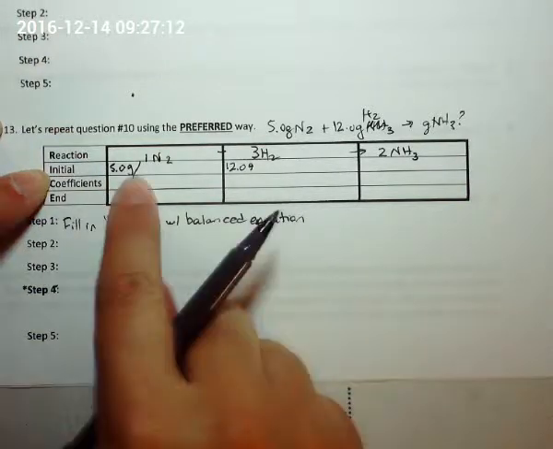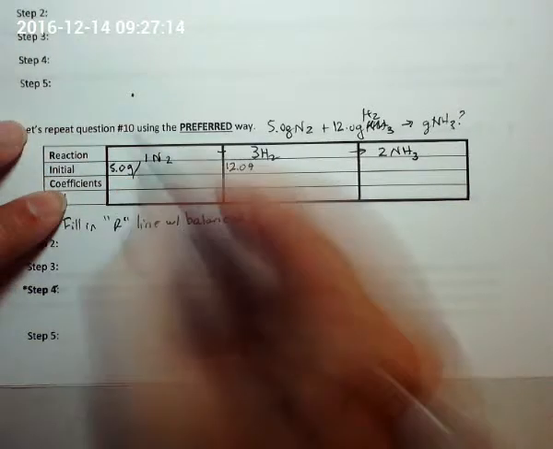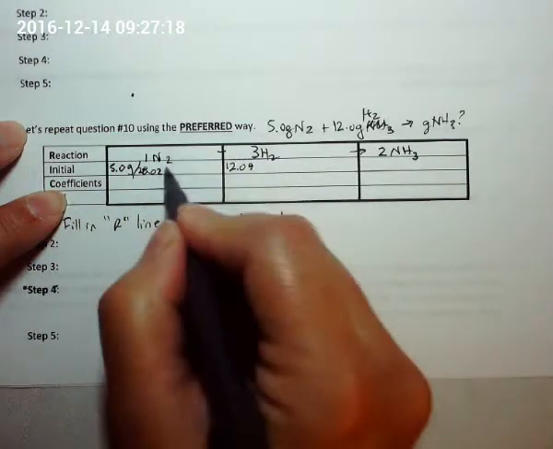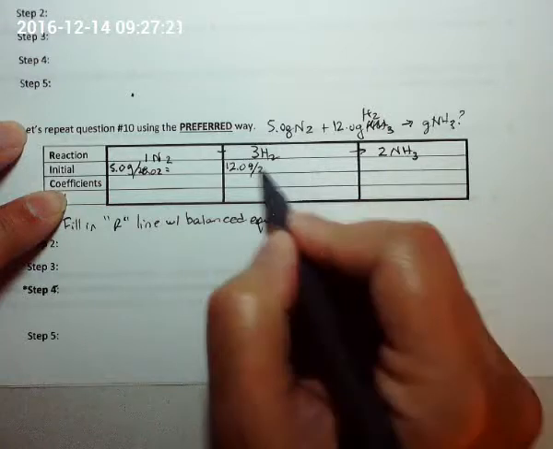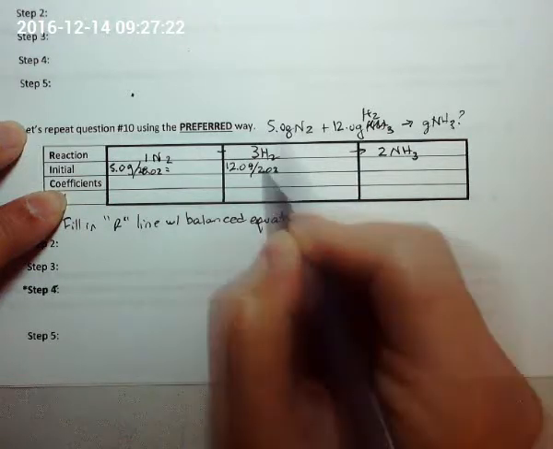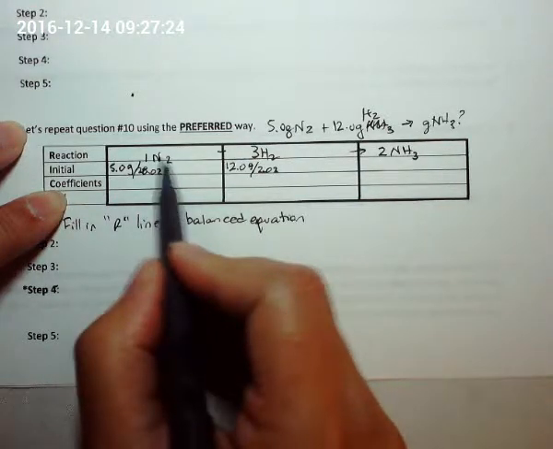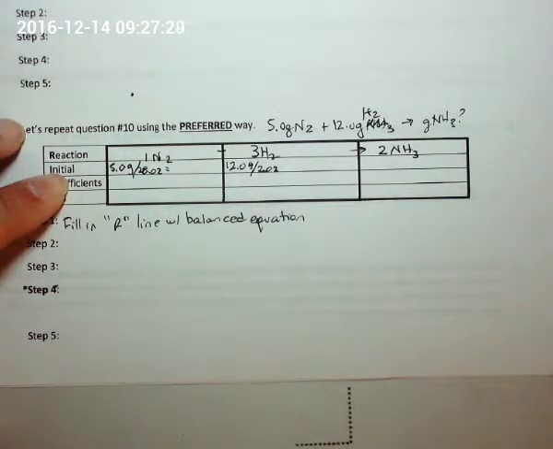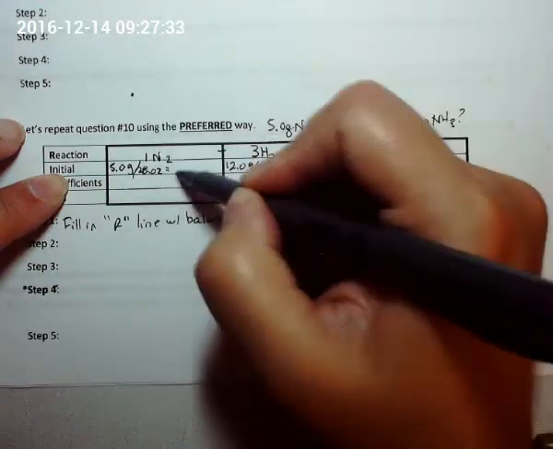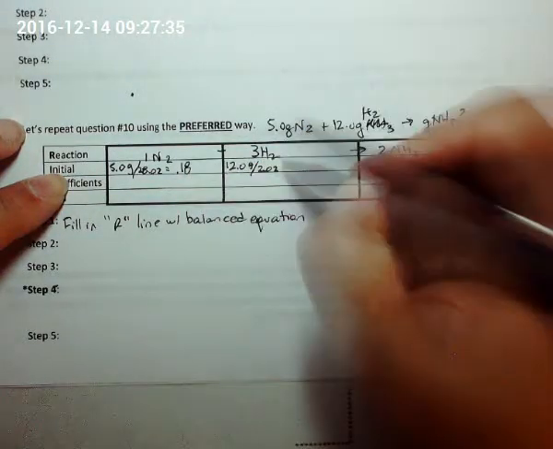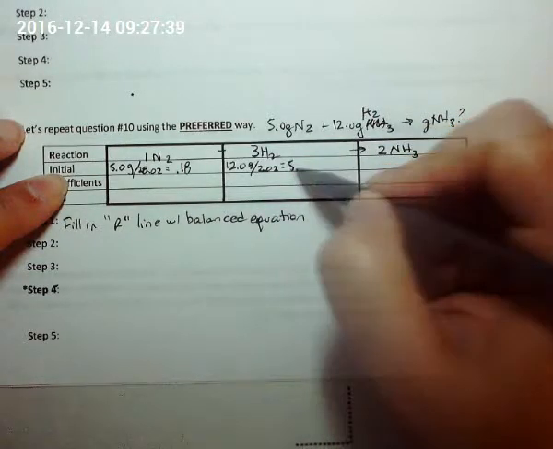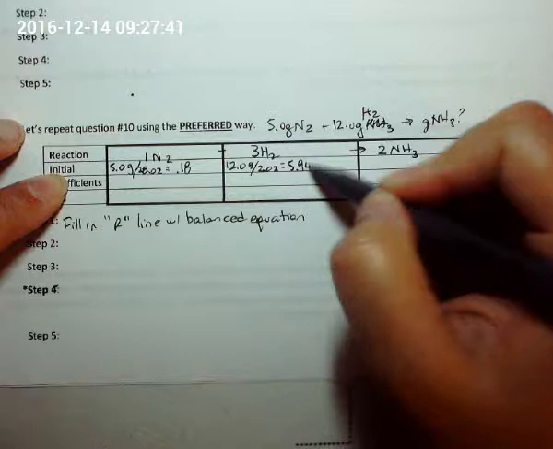What's the molar mass for nitrogen? 28.02. Some people told me it was 14 yesterday. What's wrong with that? It's diatomic. You have to account for the fact that there's 2 atoms of nitrogen in the formula. All right, so 5 divided by 28.02, what do we get? 0.18 moles. And then over here, what do we have? 5.94 moles.